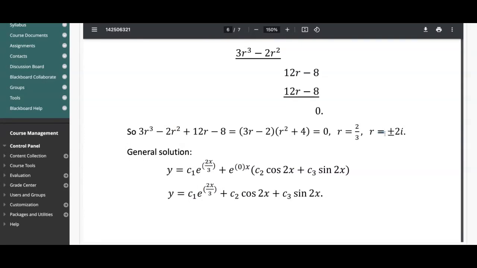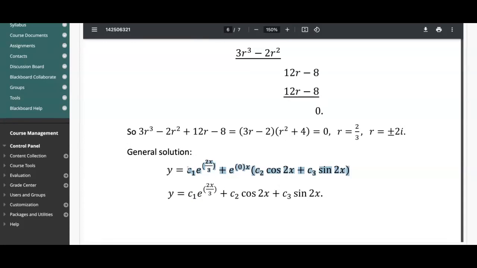So by the theorem, we'll have e to the 0x. Remember, it's e to the real part times x. Then C2, because here we used C1, cosine 2x, because b is 2. And then another real number, C3, sine bx, b is 2, sine 2x.